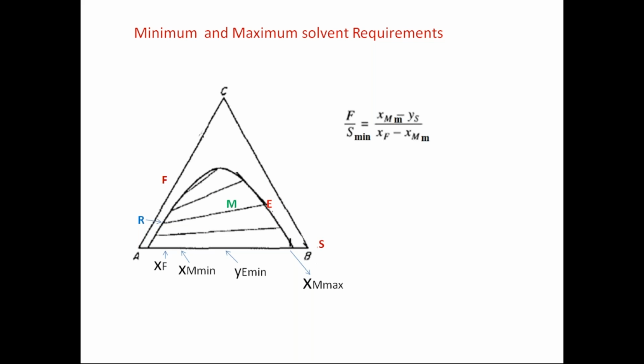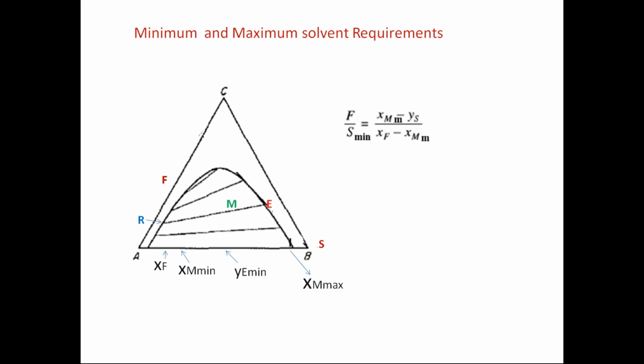And I will just see for this case how to find out those things here. See, initially you should have an idea of how much minimum solvent I should add and how much maximum solvent, because more than that, solvent cannot give a good result.